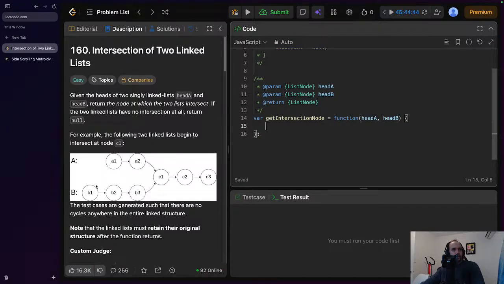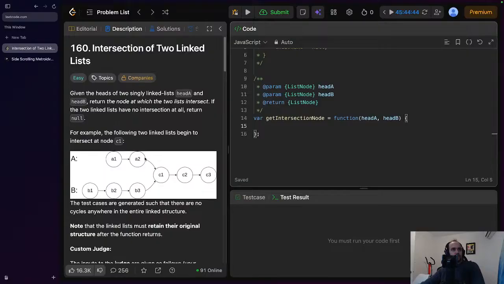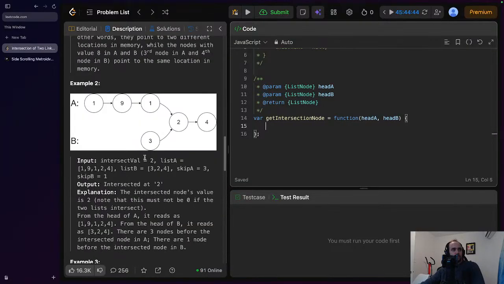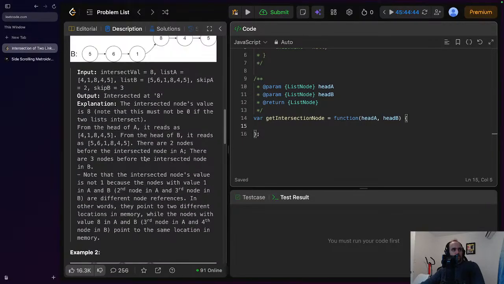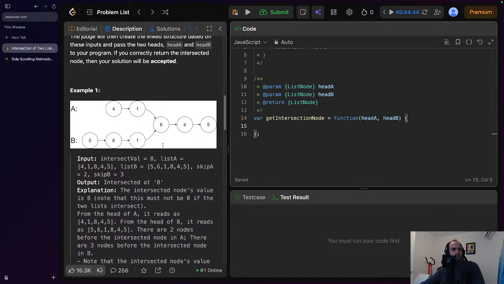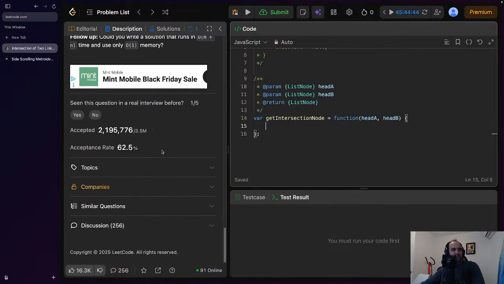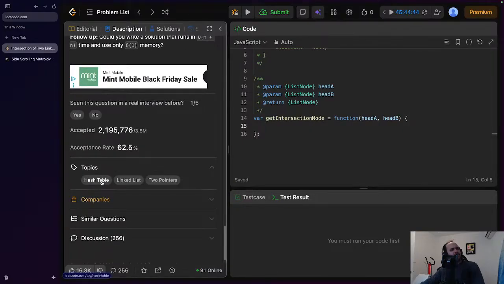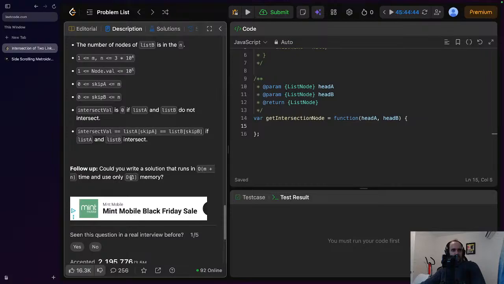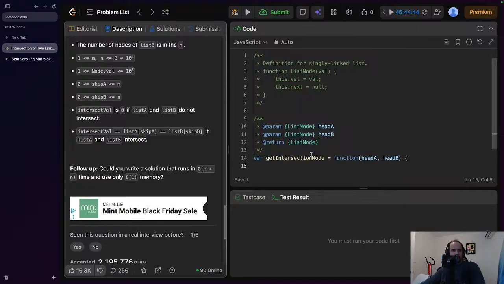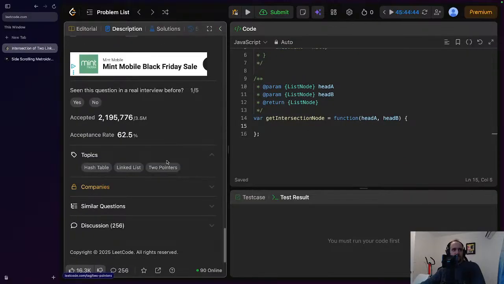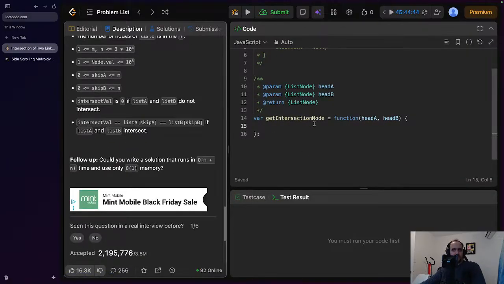So if we go one, go one, go one. We have to return the node. Intersect the node's value. Is there a hint? Topics. Okay, hash table and two pointers. But it's saying to do it in O(1) memory. I could do it with a hash table, but how do you do it without a hash table? That's what I want to know.